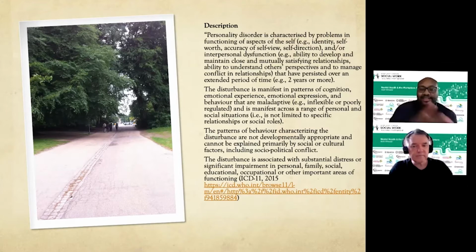It's consistent across context, much as your personality is consistent across interactions. So I might not get on with someone, or I might behave this way in one context with one person. That's different than if I behave this way across multiple contexts and with multiple people.